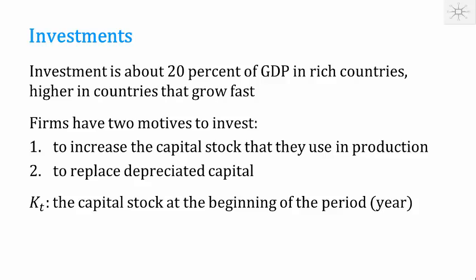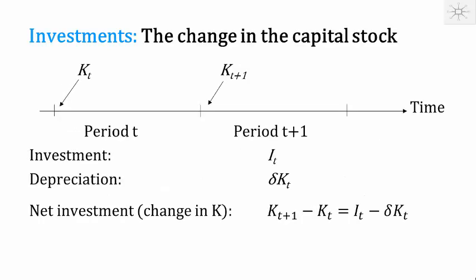Now, notation is important to understand. We use capital K with an index t for the capital stock at the beginning of the period. Think of the period as a year. So K_t is the capital stock at the beginning of year t, and K_t+1 is the capital stock at the beginning of the next year.